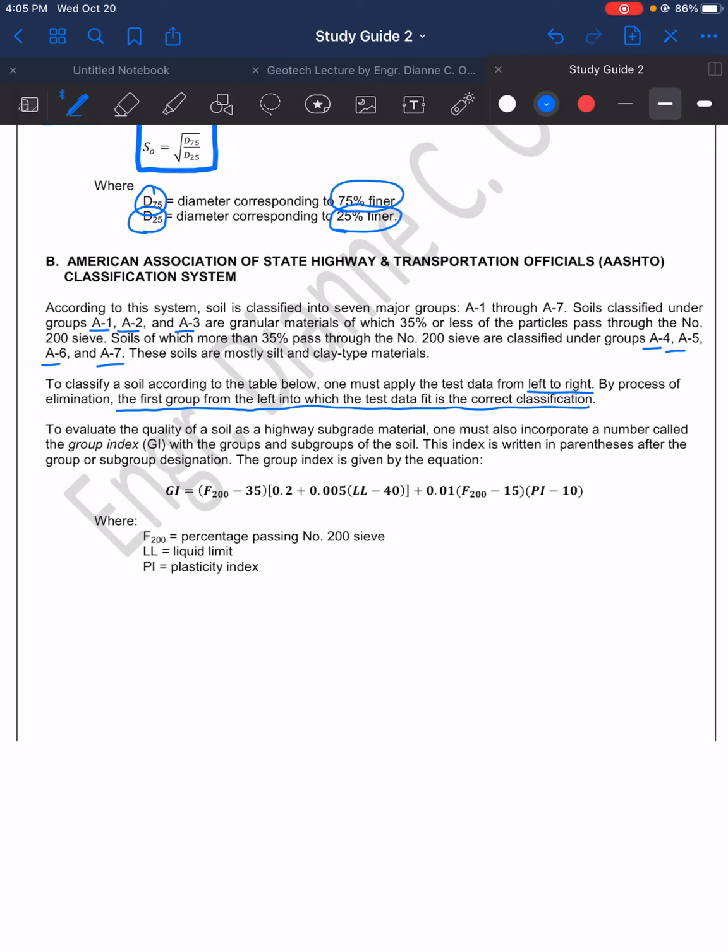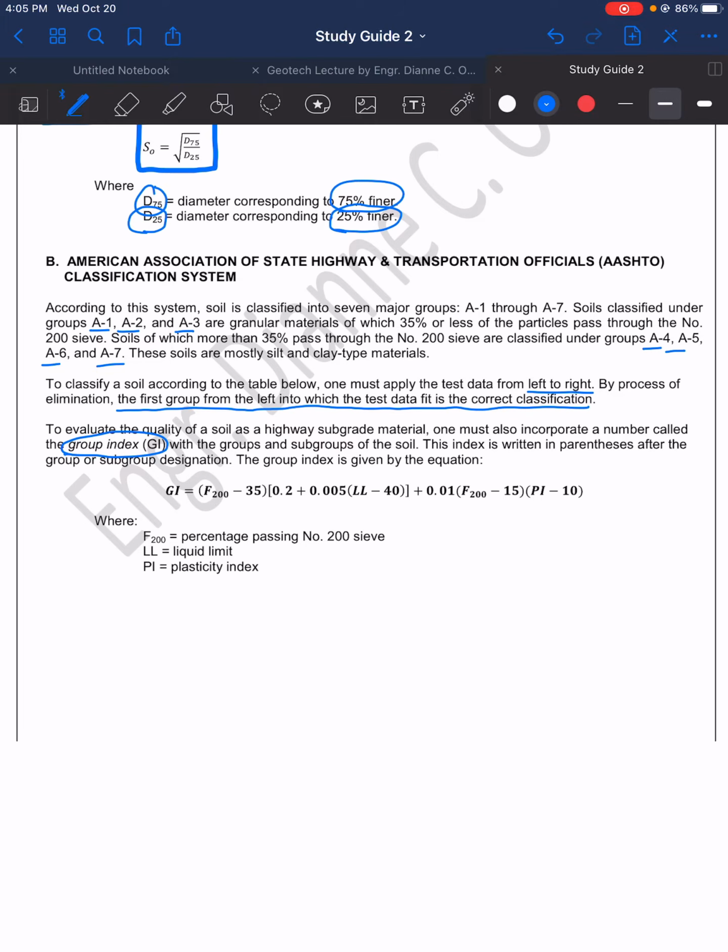Okay? To evaluate the quality of a soil as a highway subgrade material, one must incorporate a number called the group index. Don't forget putting group index in your soil classification under AASHTO with the groups and subgroups of the soil.